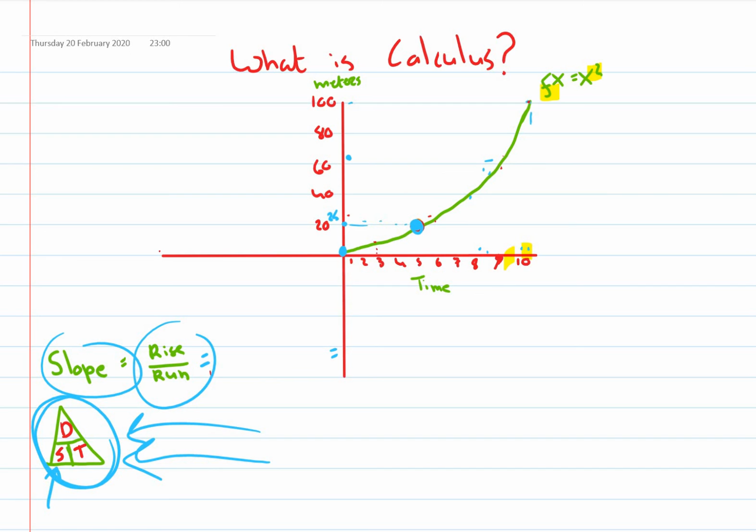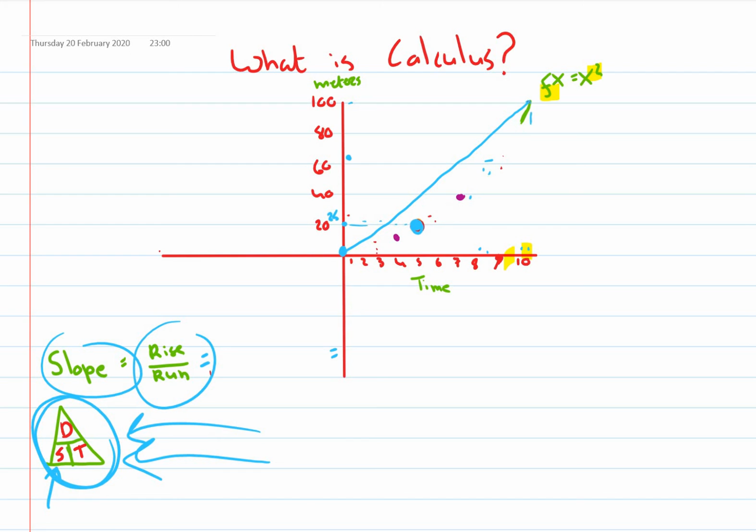Well, one thing we could do is say, if I got his average speed between here and here, that might be close enough to it. Then someone else might come along and say, yeah, that's fair enough, but you'd be more accurate if you got it between here and here, because the slope of that curve would be closer to the actual curve at that point.